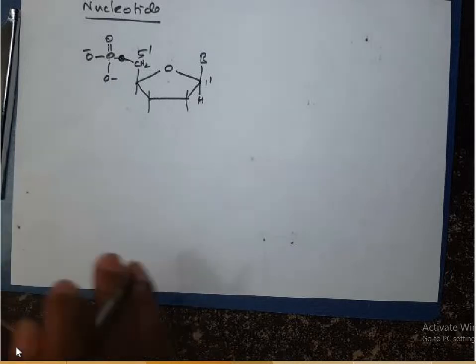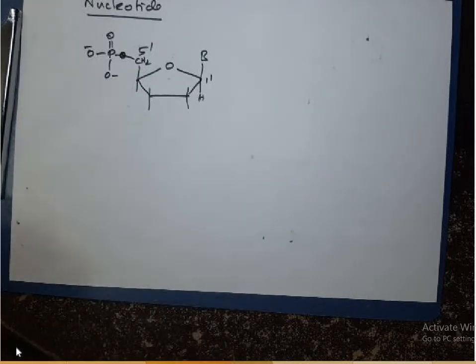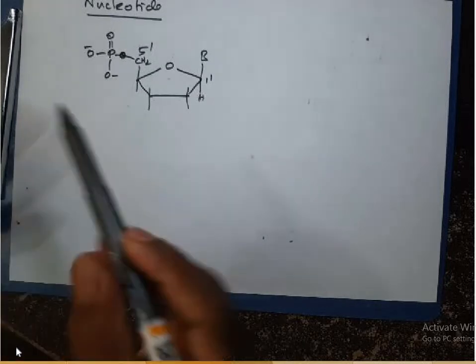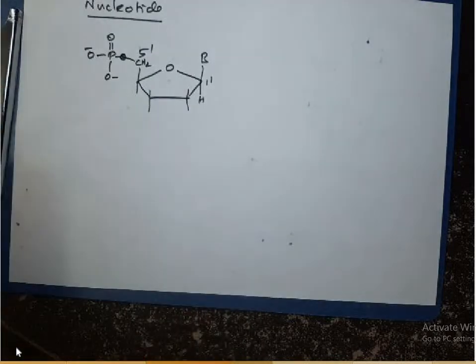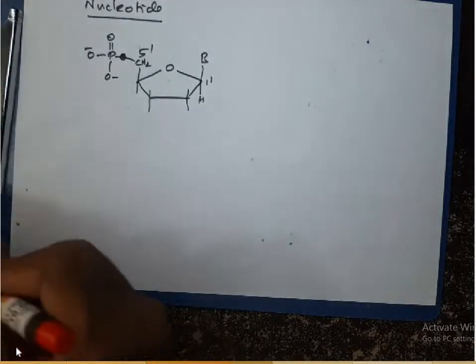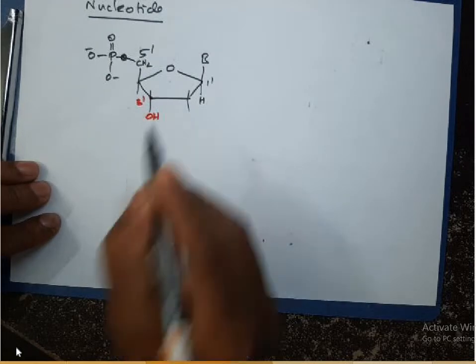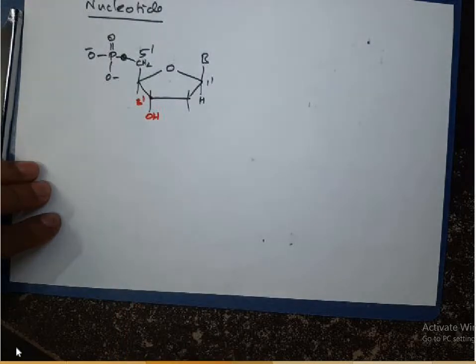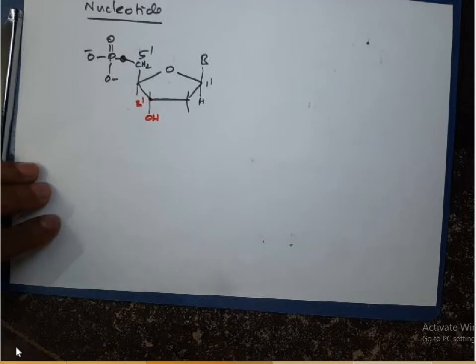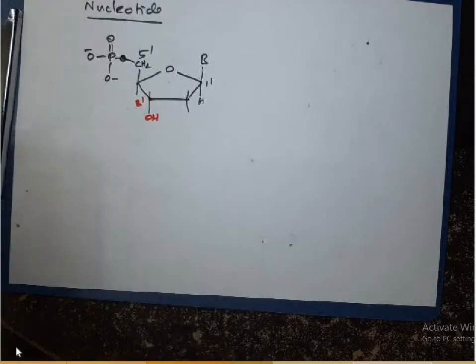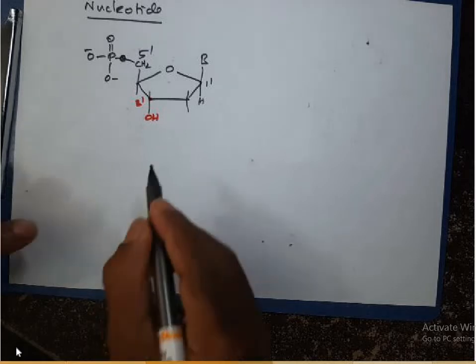How is a polynucleotide formed? Listen, students, observe carefully. The OH group of the third position, that is 3' carbon. In 3' carbon, we have an OH group, right? Now what will happen? Another molecule of nucleotide, let me show here.